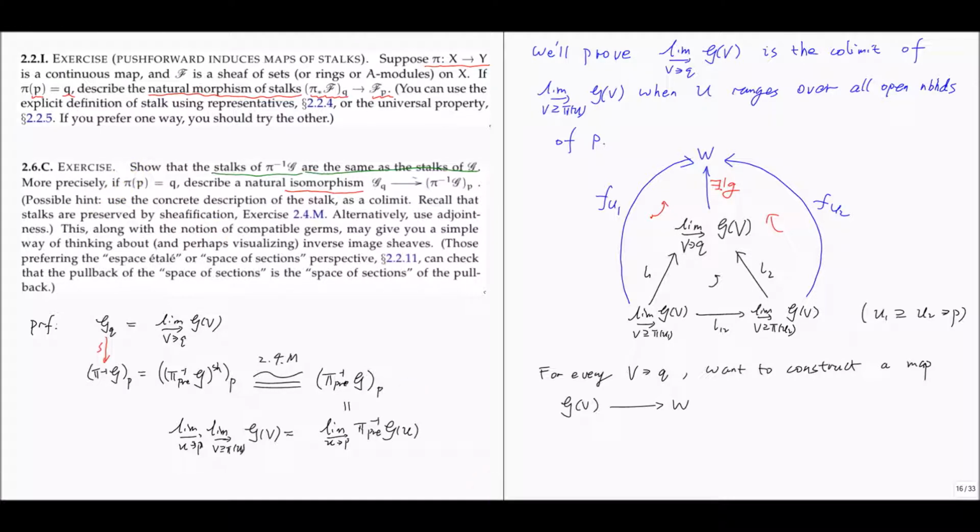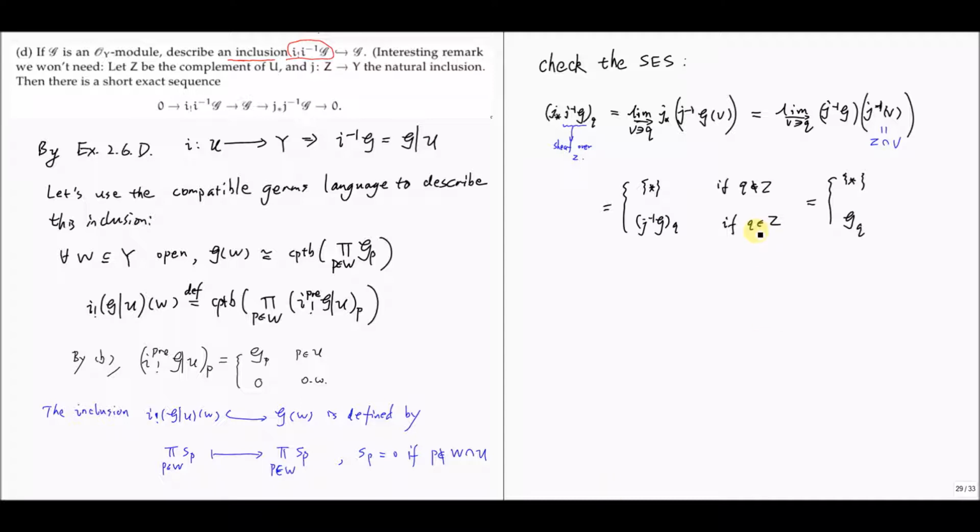So if Q is in Z, then G_Q is the same as (j^{-1}G)_Q. Now, we can replace the Z here by U complement. So the stalk of this at Q will be trivial if Q is in U, and the stalk of G at Q if Q is not in U.